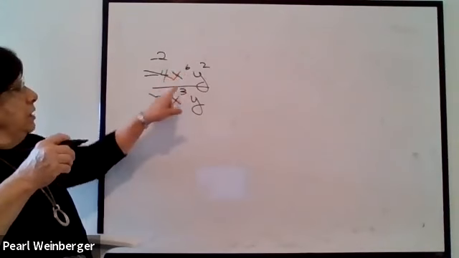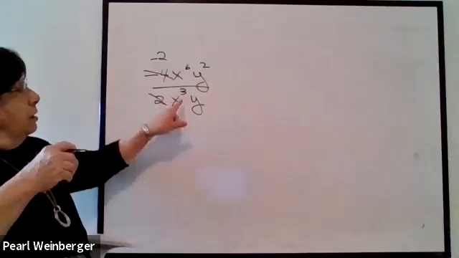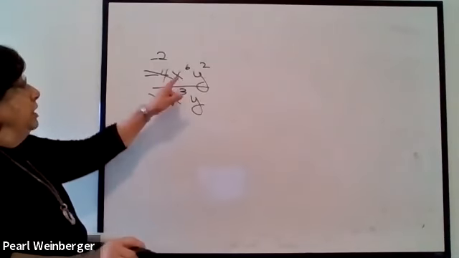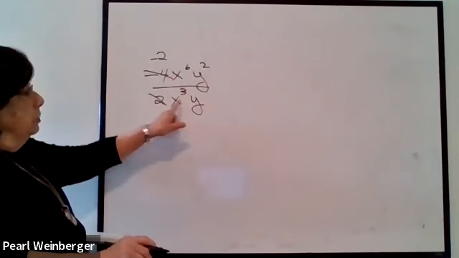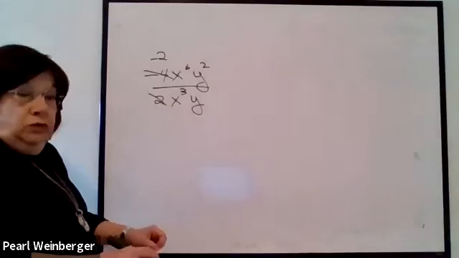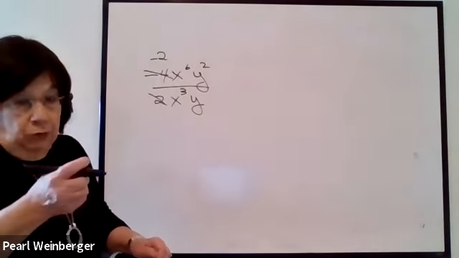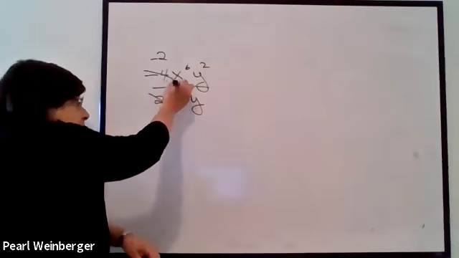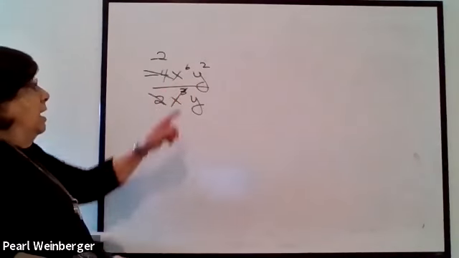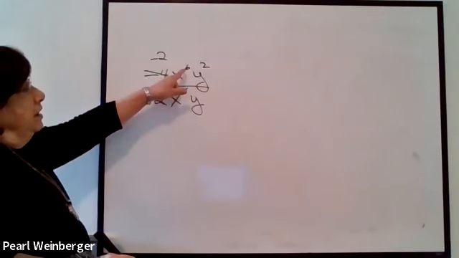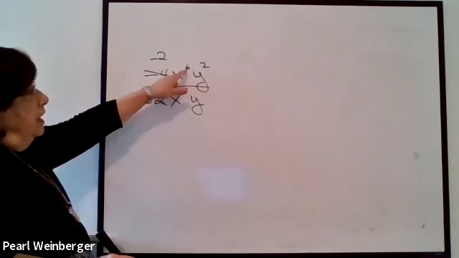Okay, now go to the variables. So with the x to the 6 and the x cubed, when you're reducing, you always are going to cancel out the lower exponent one, which in this case is the x cubed, and subtract that exponent from the higher one.